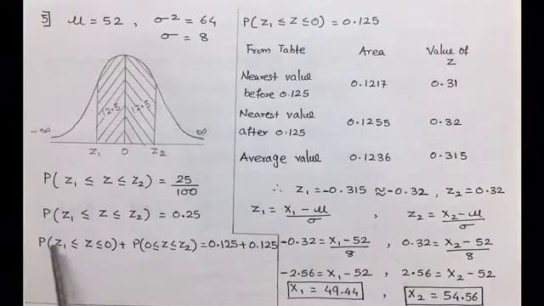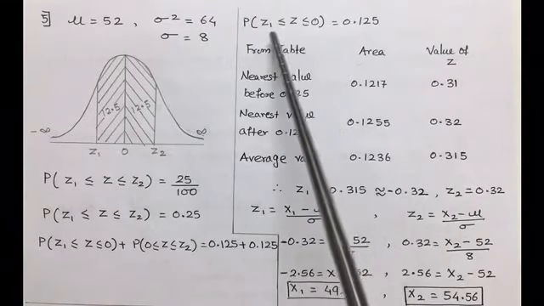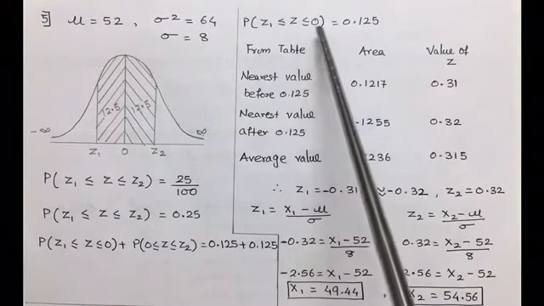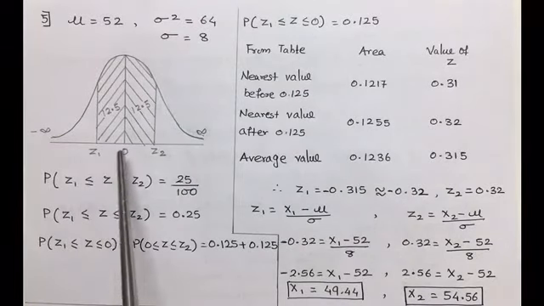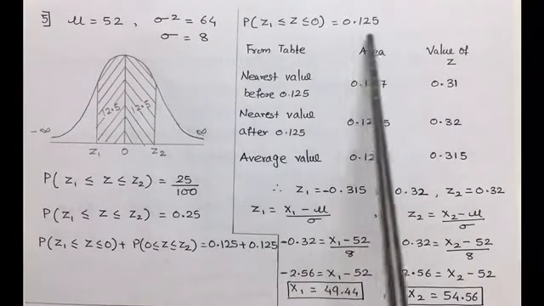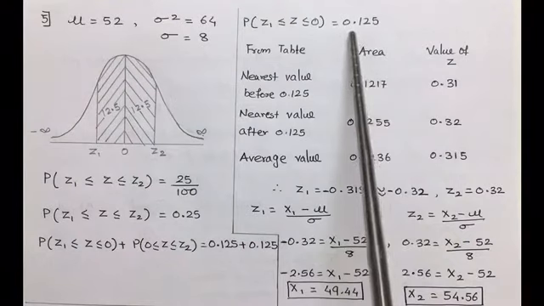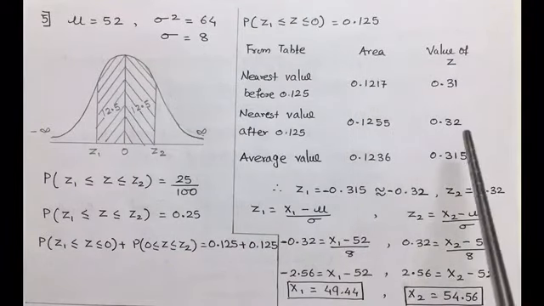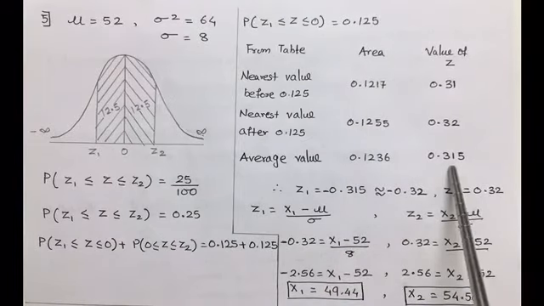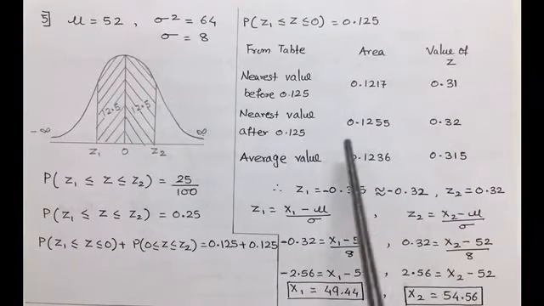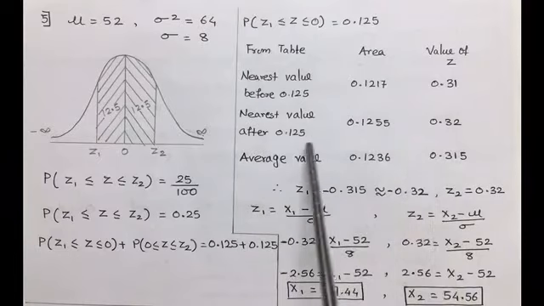Now if we are taking the first part, Z1 less than or equal to Z less than or equal to 0, that means from Z1 to 0, the area covered is 0.125. Now this 0.125 area's Z value is to be calculated. This is to be seen from the table.